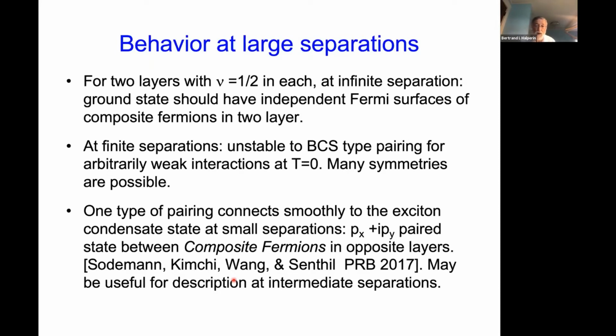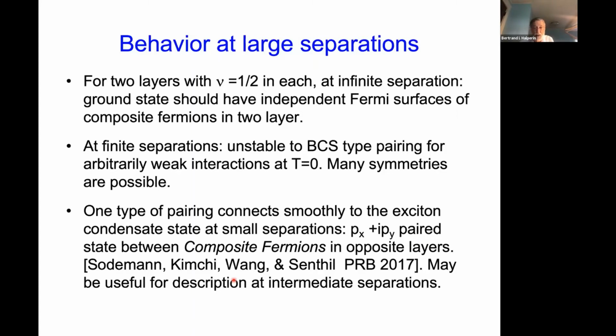So, behavior at large separation. Now I'm just talking about theory. For large layer separations, we believe that the ground state should have independent Fermi surfaces of these composite fermions. That's what we think the ground state looks like. At finite separations, if you have two matched Fermi surfaces, any interaction between them, or even any kind of interaction, could cause instabilities to some type of BCS pairing.